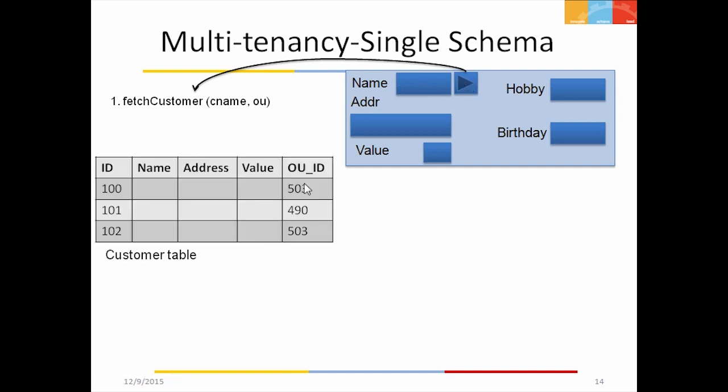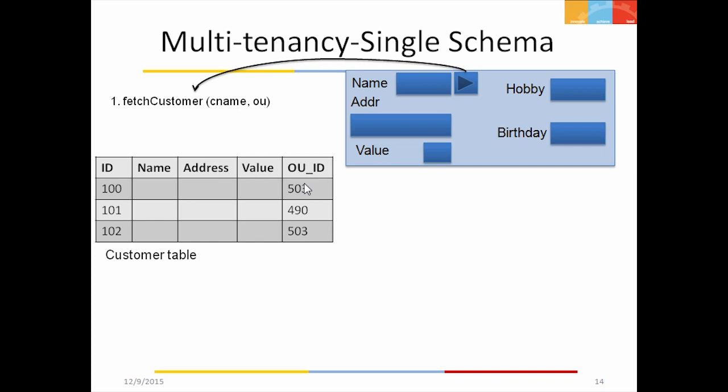Then what happens is that it basically fetches the common data, which is name, address, and value, from the main customer table. So suppose that the organization ID is 503.